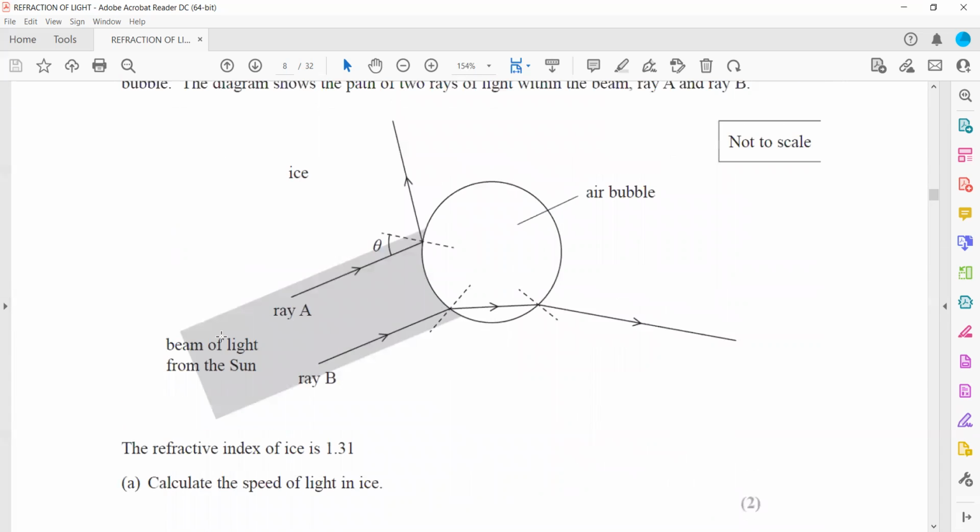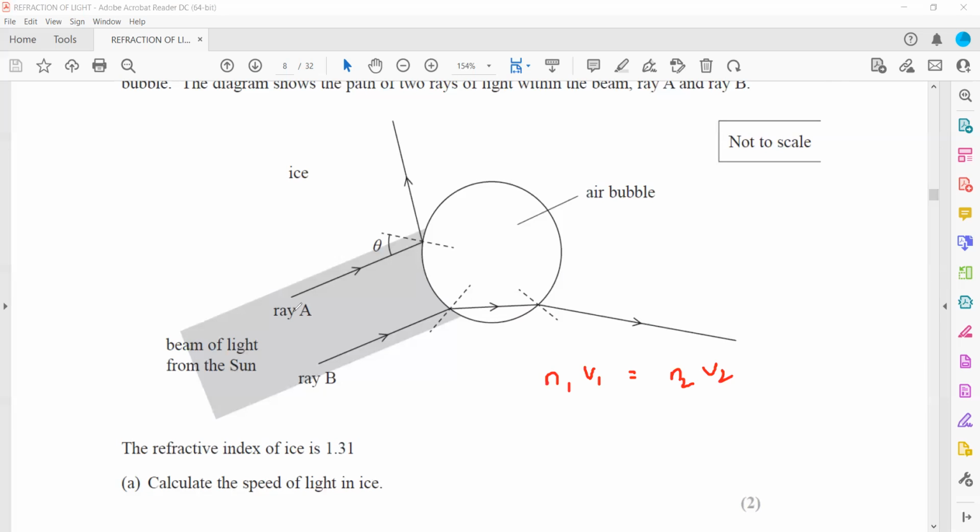We have to calculate the speed of the light in ice. So how can we work out the speed of light in ice? Again, we have the formula n1 sine theta 1 equals n2 sine theta 2. But we want to work out the speed, so n1 into v1 equals n2 into v2.